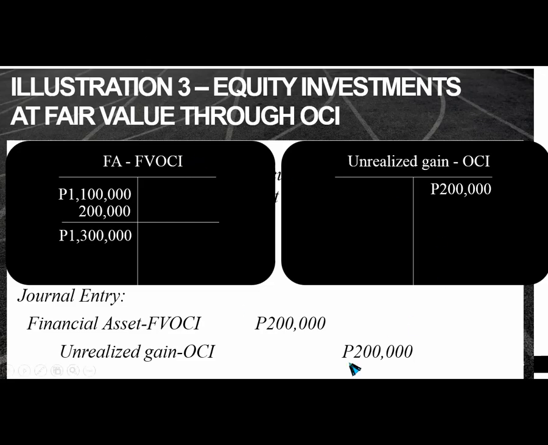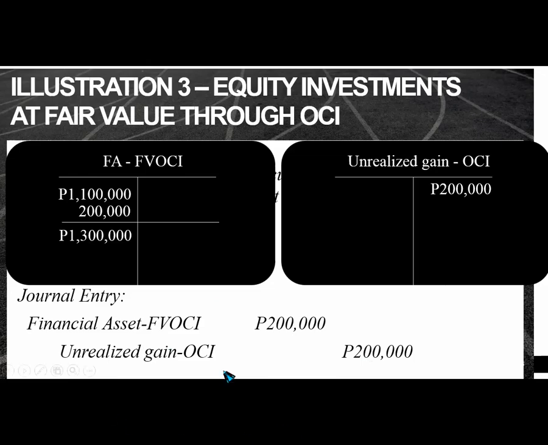Okay? So, saan siya i-report? Itong unrealized gain OCI mo na 200,000, i-report siya as part of your comprehensive income statement or statement of comprehensive income. Again, if you can still recall, di ba, two parts yun. First part is the profit or loss. The second part is the OCI.